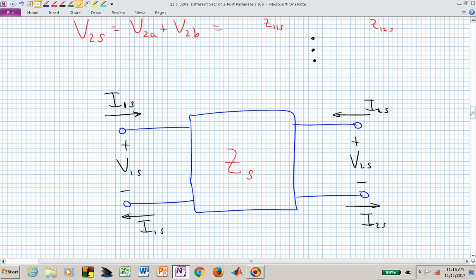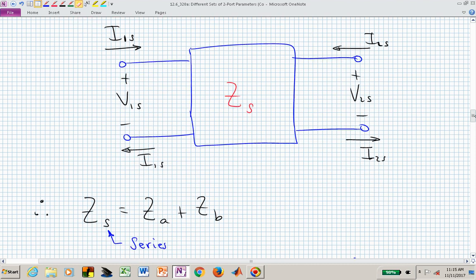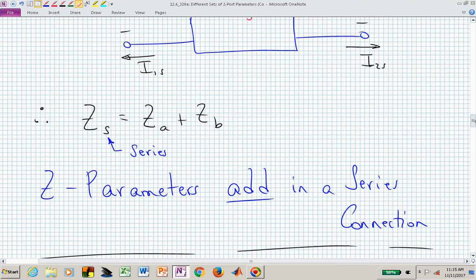So we've now collapsed or aggregated two different two-ports in terms of their z parameters into one two-port, where really all we have to do is add the like terms in the two different two-port representations. The z11s we add, the z12s we add, the z21s and the z22s we add.